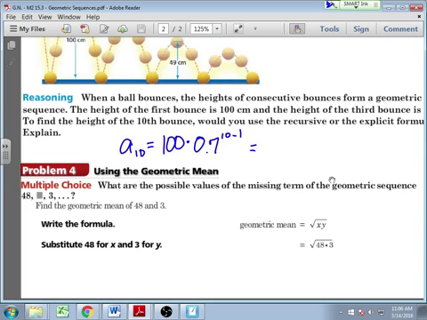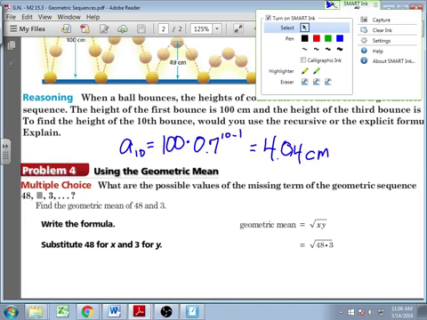We'd get about 4.03. Actually rounded it would be 4. And we could use recursive, but again, recursive is kind of annoying. Yeah, have to solve for everything. Explicit is always easier.